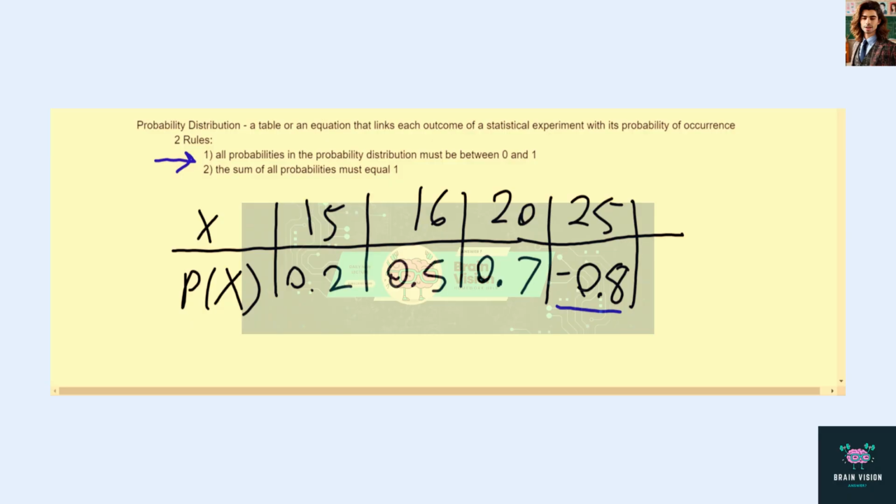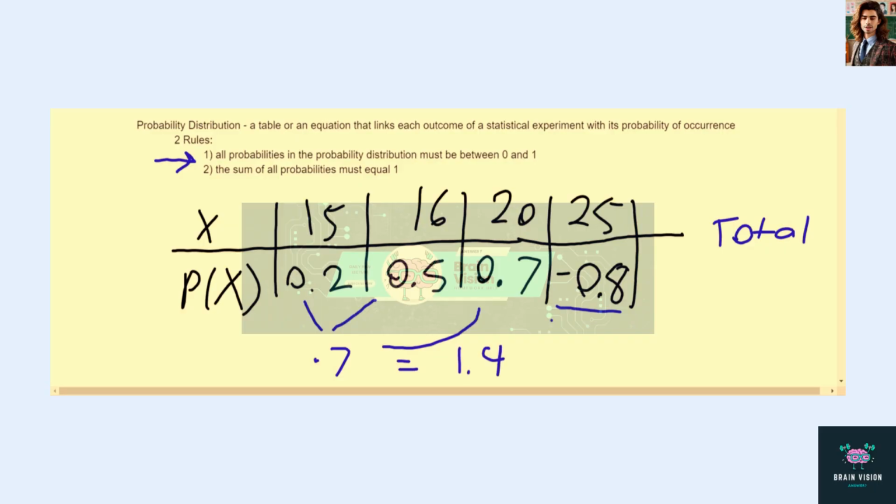Let's pretend we've just forgotten about rule 1, and let's add up the total for our probabilities anyway. And we have 0.2 and 0.5, which gives us 0.7. Add another 0.7 to that equals 1.4.